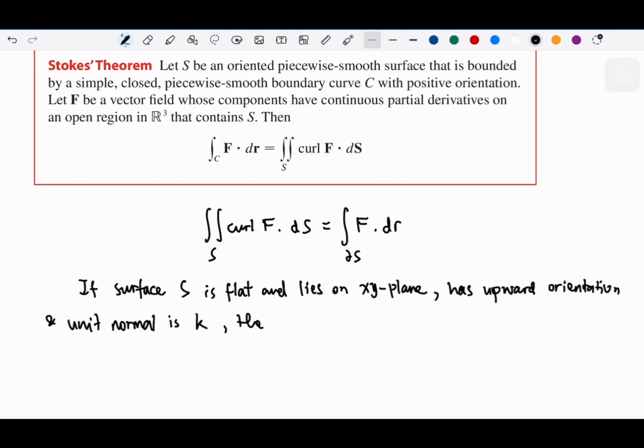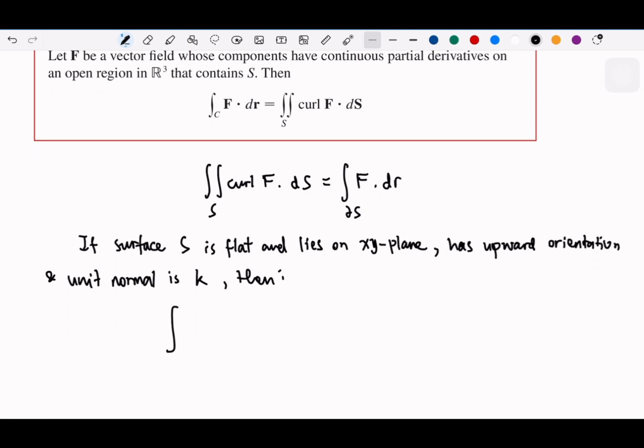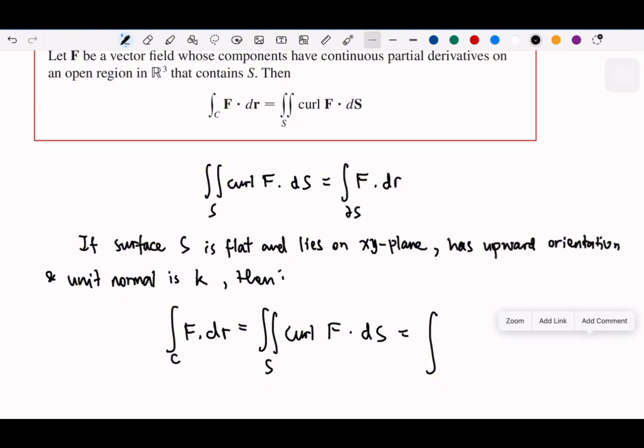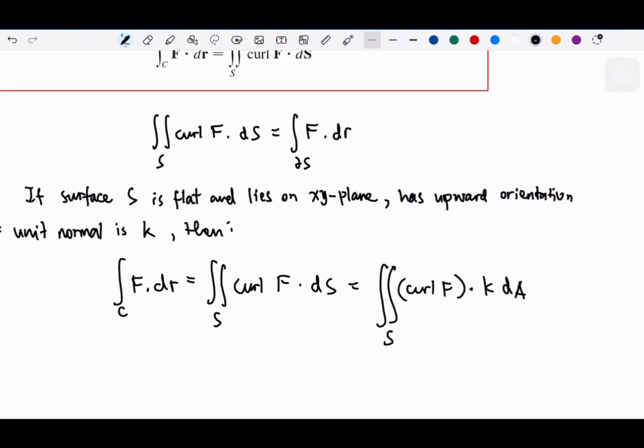Then we can write the line integral of F dot dr. We can write Stokes first, curl F dot dS, and then exchange the dS with the k. Because this is a flat surface, we can write the curl F dot k dA. And basically this is what we have before.